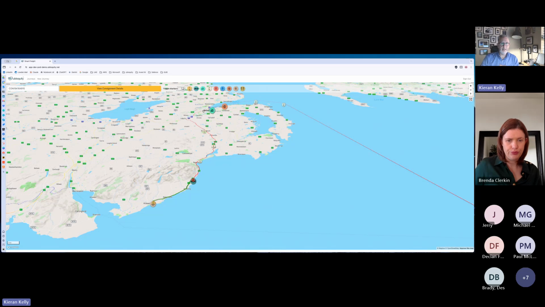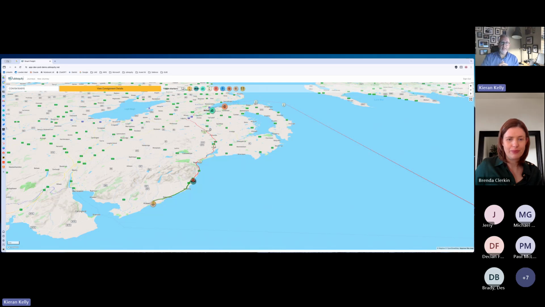As soon as that boat knew that that lorry was coming, the benefit to Stena is that they could position lorries and trailers on the boat to accommodate that lorry if it was going to make it. The legacy way they used to do it was they used to phone the driver and ask, are you there yet? Are you there yet? Are you there yet? And of course, with every lorry driver, they said, yes, I'm just round the corner.